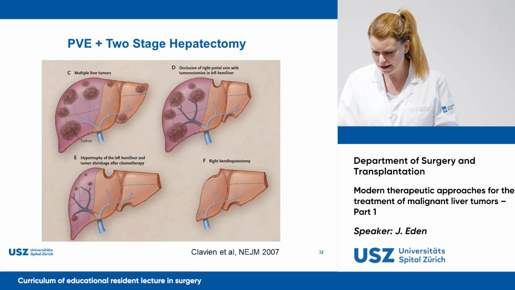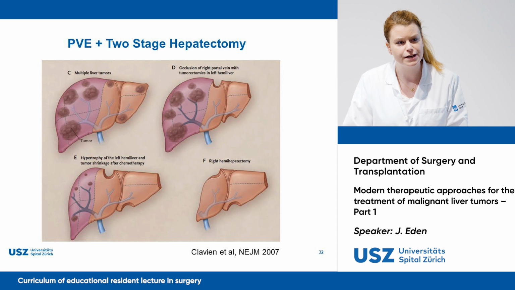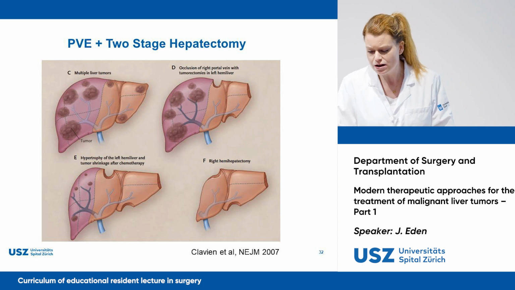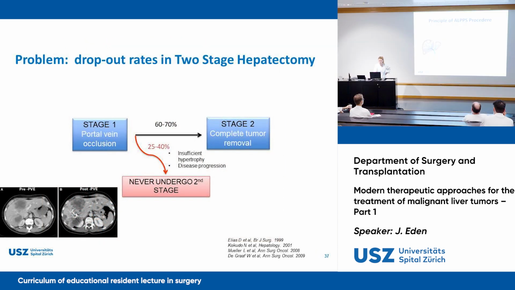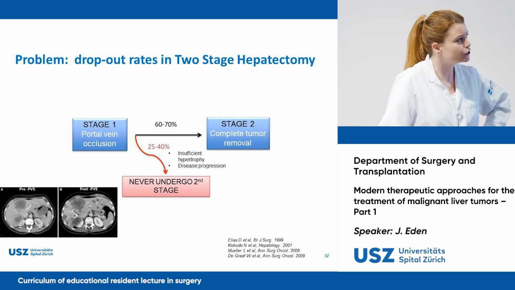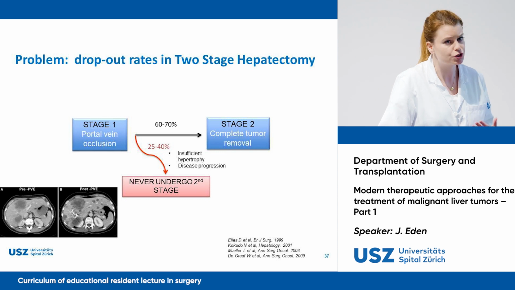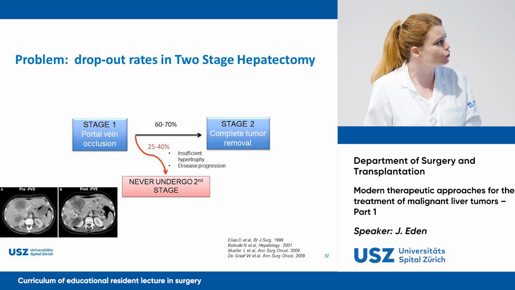Now, the major problem we're facing when doing this procedure is the dropout rate in two-stage hepatectomy. So between stage 1 and stage 2, there's a time period of 3 to 4 weeks. And within that time period, 25 to 40% of all patients will drop out.